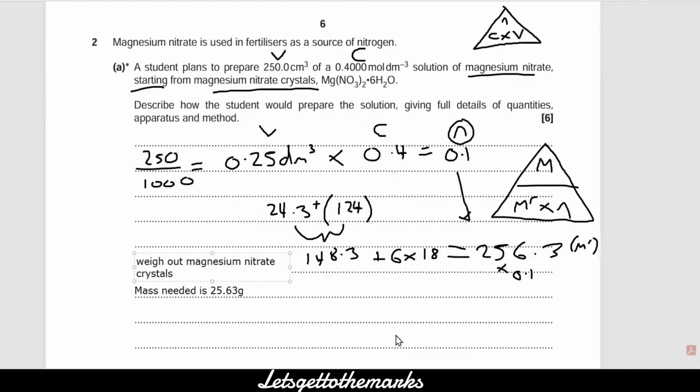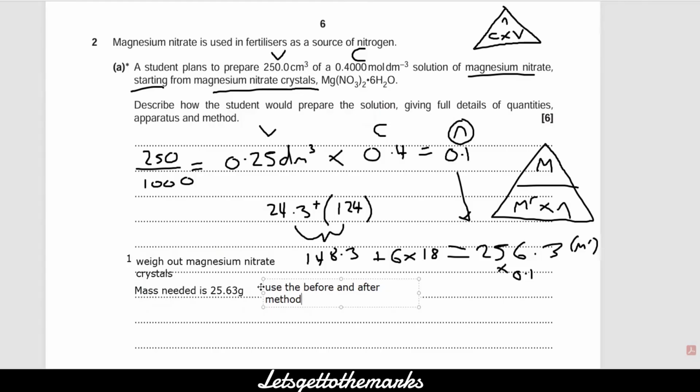That took me a while. So we're going to weigh out the magnesium nitrate crystals. Mass needed is 25.63. What can I add to that? So this is my first point here. What can I add to that? Well, use the before and after method.